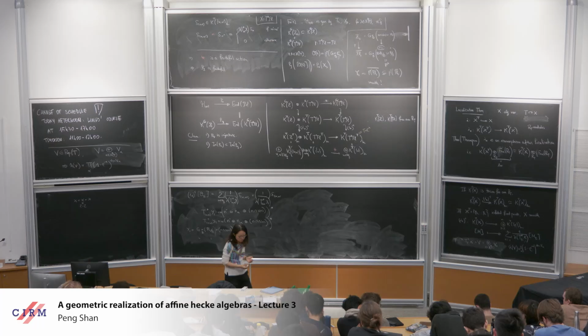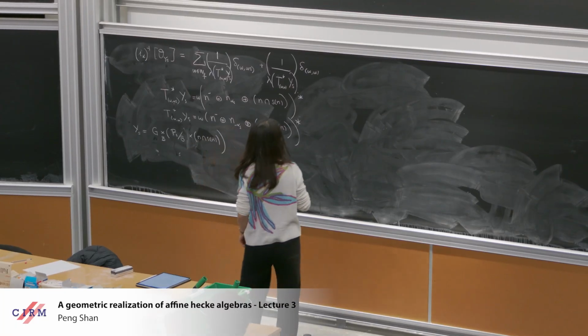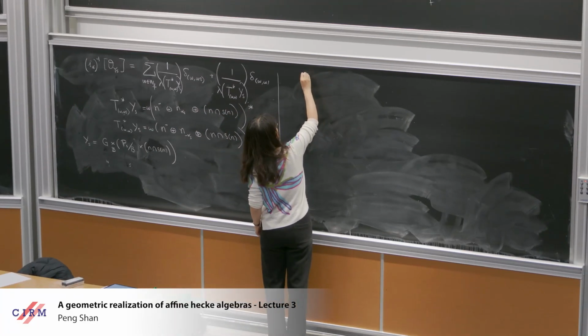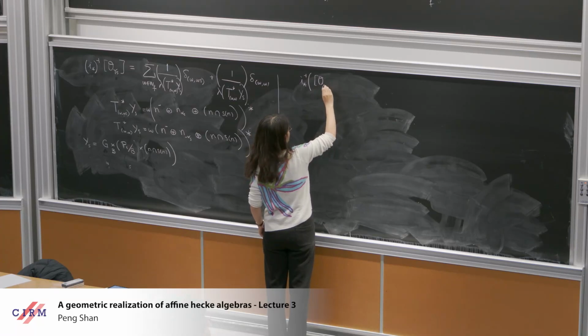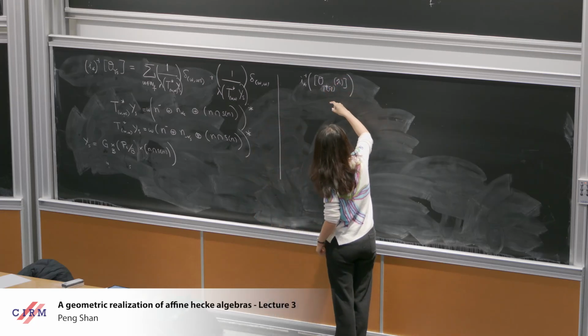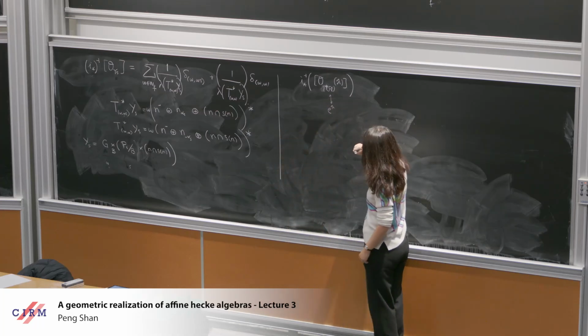Now you can compute this, and you can also compute the inverse image of our generating line bundles on the cotangent of the flag variety, which corresponds to these elements E_alpha in the polynomial representation.